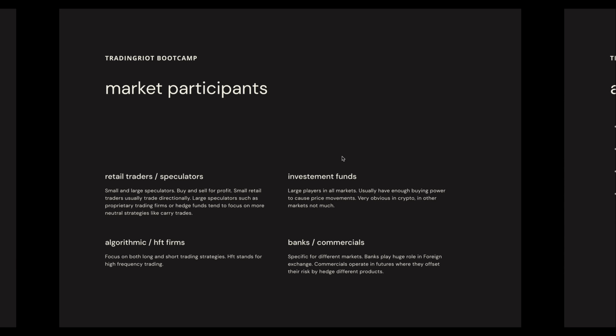Also in this category are some proprietary trading firms or hedge funds that still just speculate on the price movements in the future. Some of these are then running some unusual strategies like carry trades, which is trading the spot and the futures contract, which I will also cover a little bit later on.